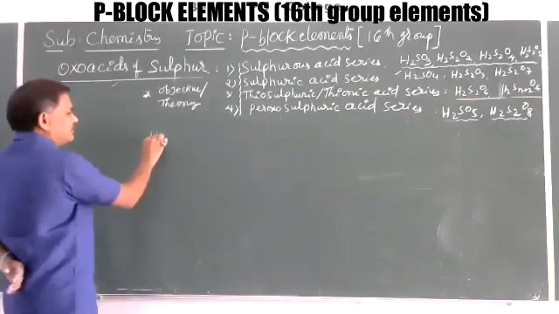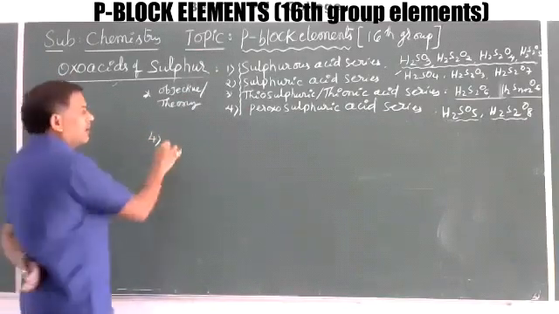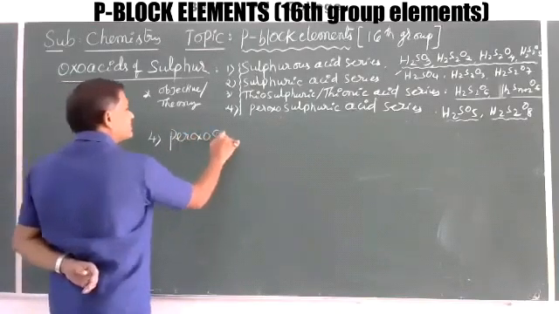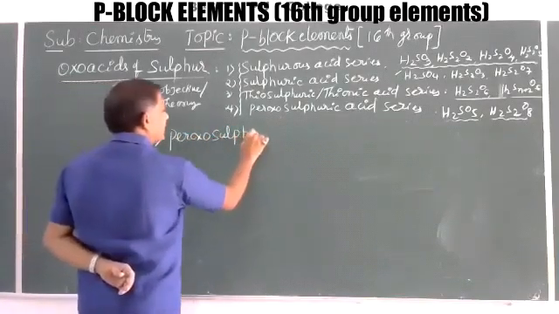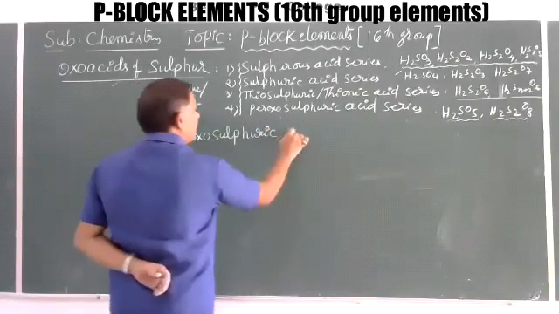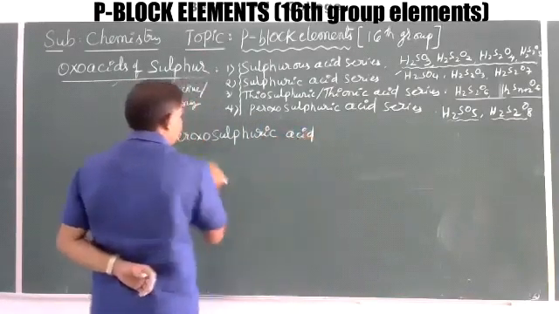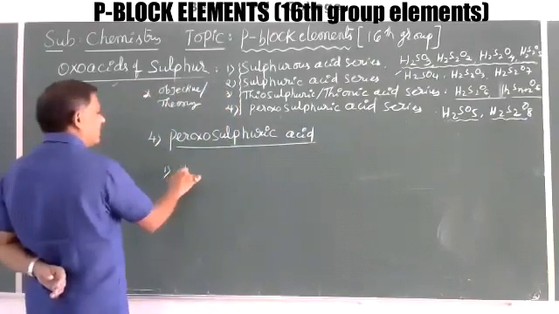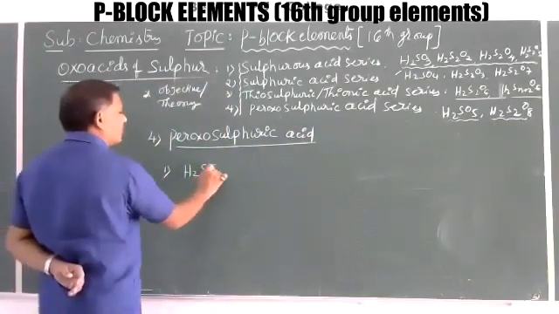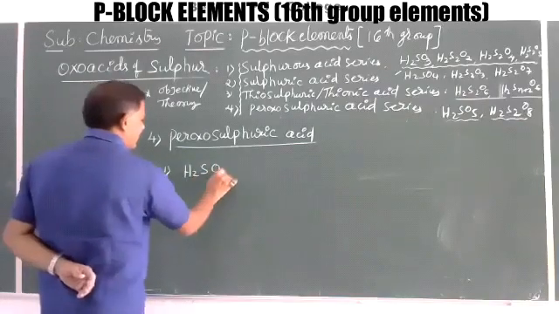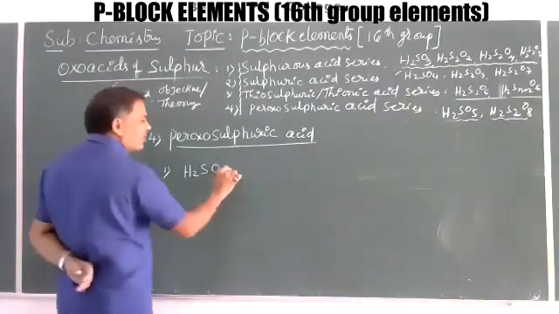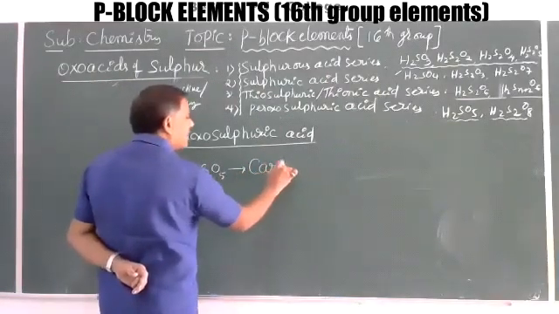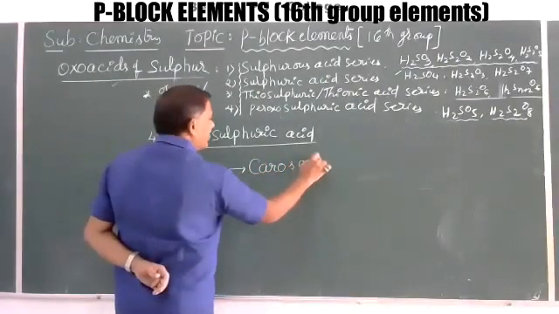So here the fourth one is the peroxosulfuric acid series. Under this, the first one is H2SO5. This H2SO5's common name is Caro's acid. This is very, very important.